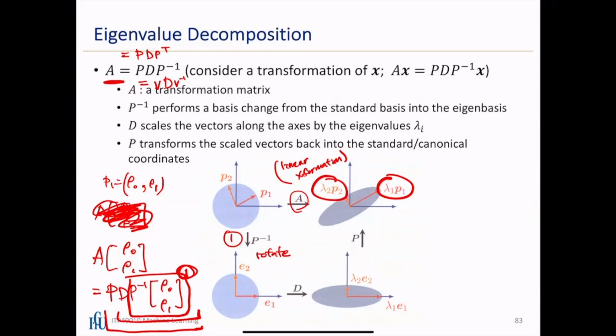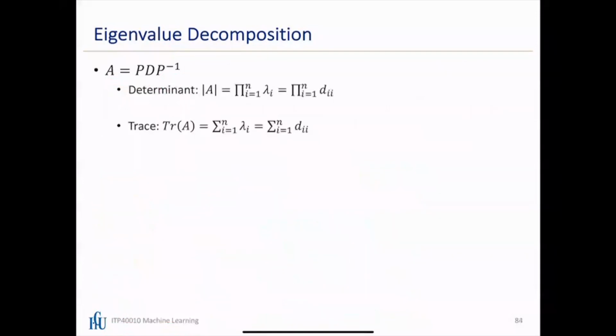So P1 and P2 become E1 and E2 in this example. Then matrix D, a diagonal matrix of lambdas, scales E1 and E2. So the shape of the circle becomes sort of an ellipsoid. Later on, you multiply P on top of it. So again, lambda 1 E1 and lambda 2 E2 are rotated.